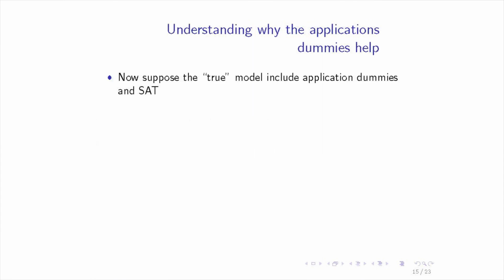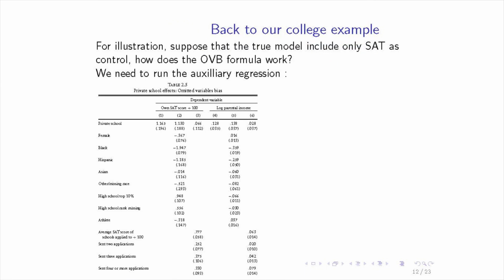Another thing that you can see from this regression is why the application dummies help. Because we have seen that the SAT score does matter. So why is it that it doesn't matter once we have the application dummy? It's because once we control for the application dummy in the regression, the SAT score... oops, that's not the one I want.